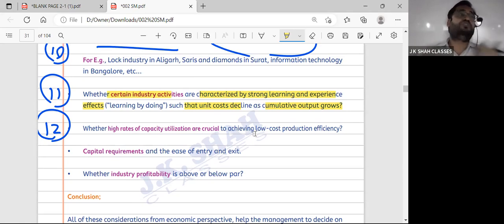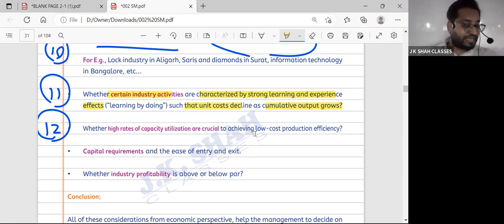For example, you want to manufacture a product and that product manufacturing requires machine. Initially, the demand for your product will be high or low? Low, because no one is aware of you. Customer is not aware about your product, so the demand will be low. But you know that in order to reduce the cost, you need to manufacture in large quantity. So this is the point.